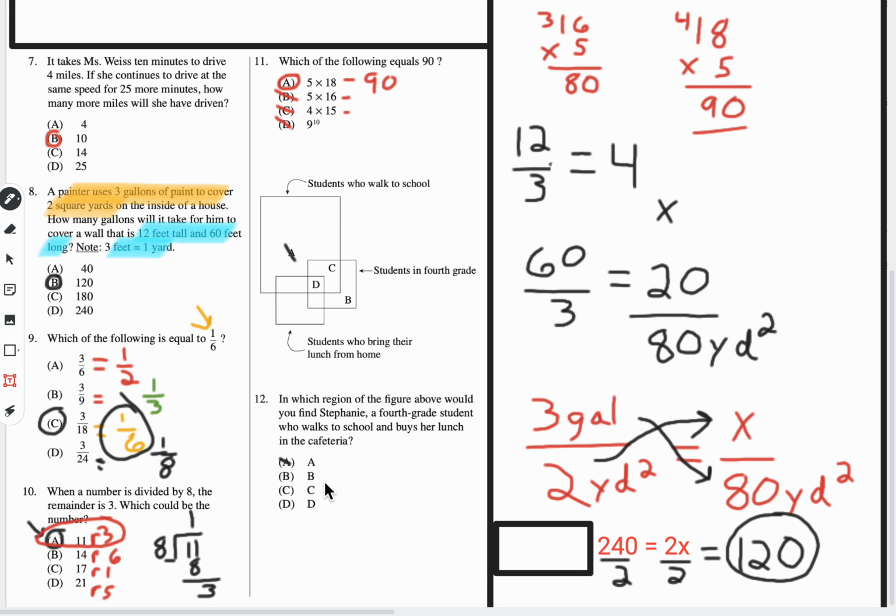Stephanie also walks to school. So let's eliminate B, since only regions C and D contain students that walk to school. Stephanie buys her lunch in the cafeteria.